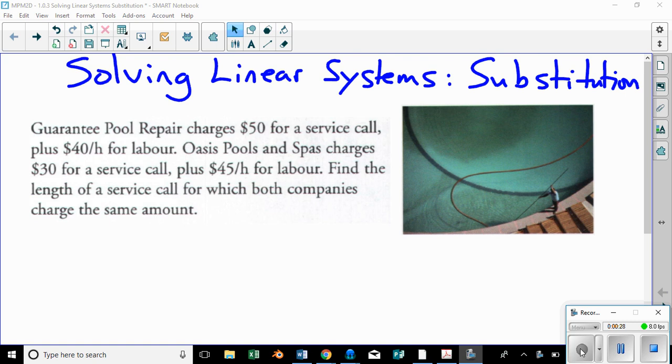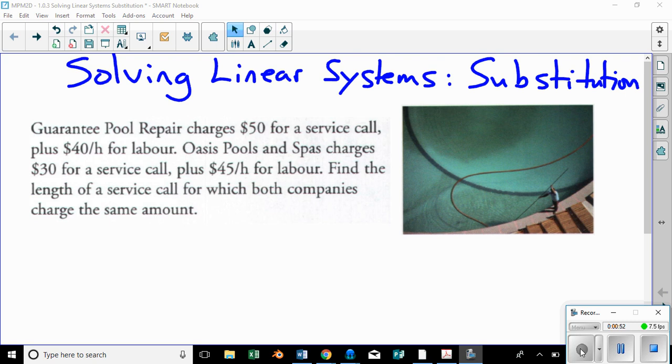So here's a general linear systems problem. This is taken out of the Nelson Mathematics 10 textbook. And I won't read the question, you can read the question. But as you can see here, you have a couple of sentences talking about pool repair.